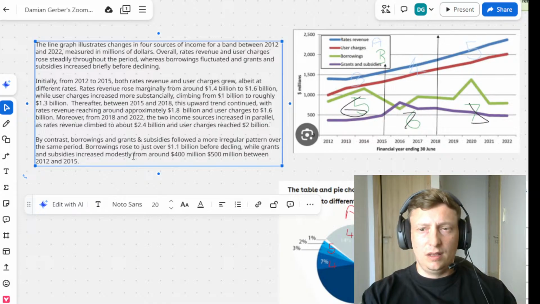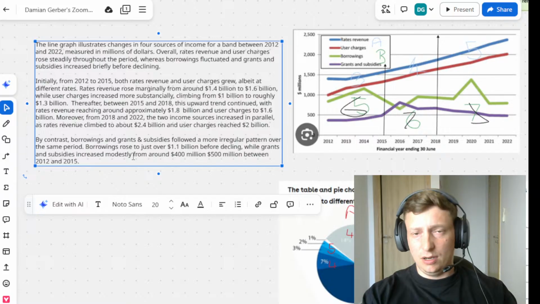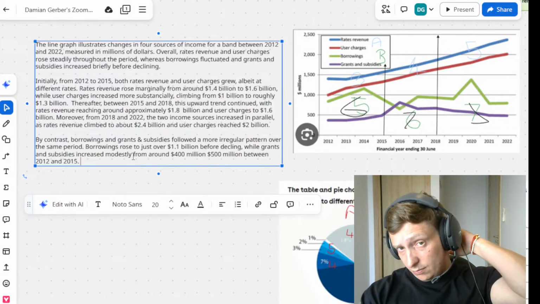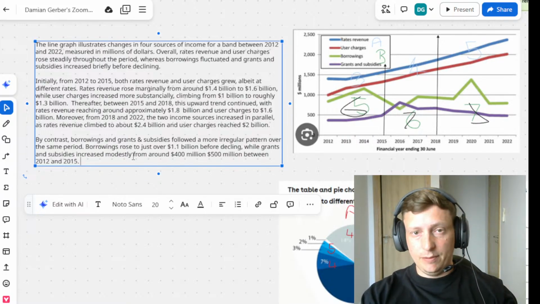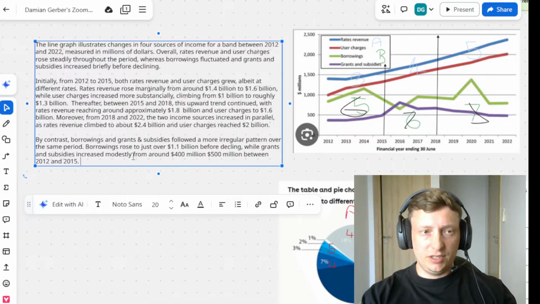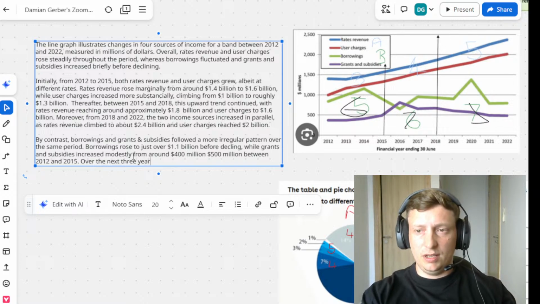Okay. Let's go over the next part. Oh, wow. This looks a bit tricky, right? But luckily we've broken it down into 3 periods, so it should be easier to follow. So let's start with the time period over the next 3 years.